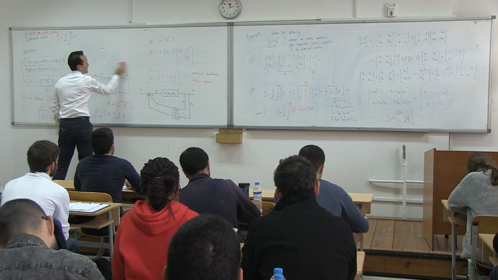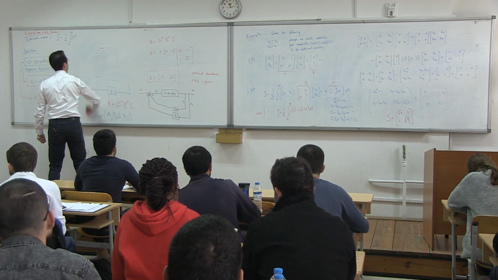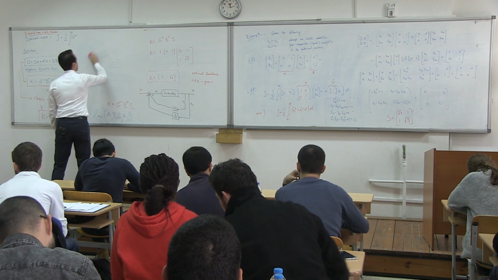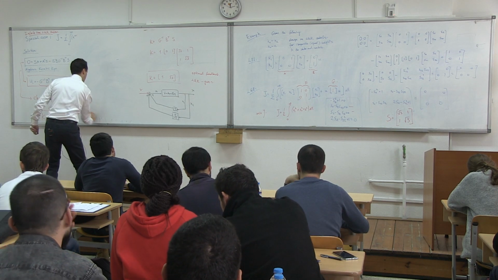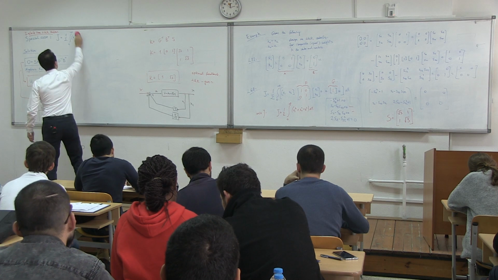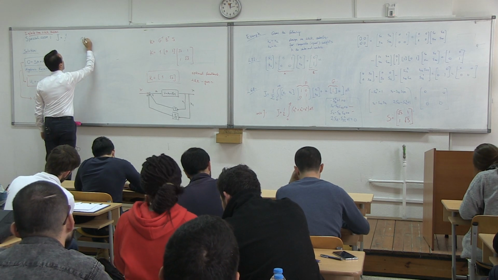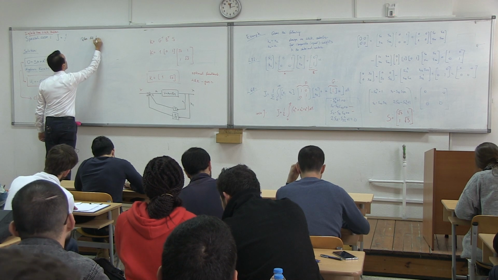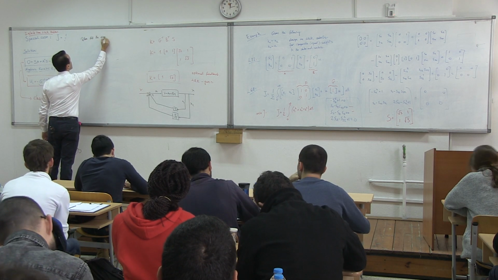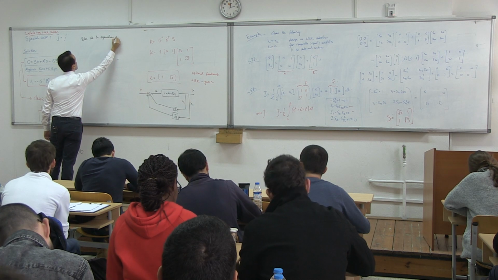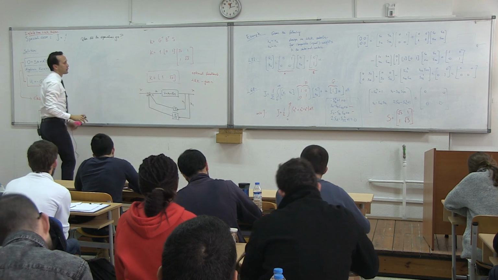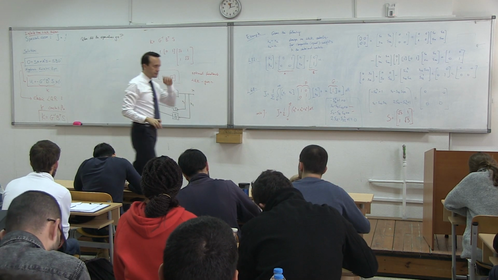Right? We just look at the eigenvalues of A minus BK. Where did the eigenvalues go? Okay.